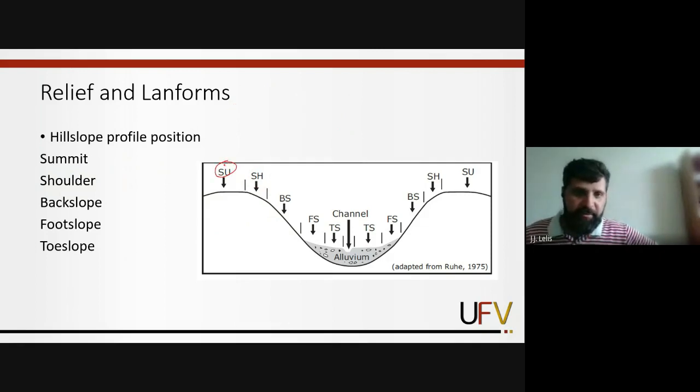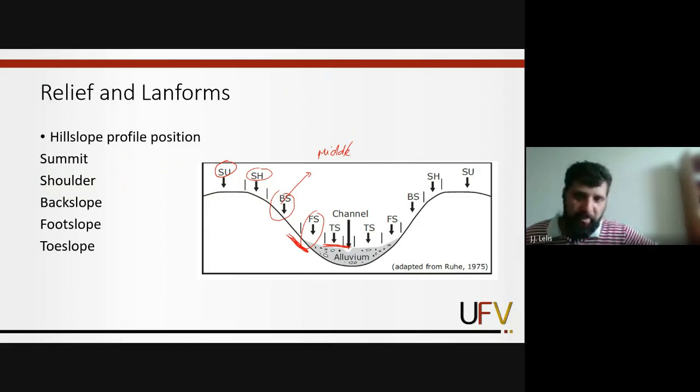So the summit, this plateau, this low angular area, the shoulder, the area where we can find highly resistant materials, the back slope, the area where we can identify the middle third of the slope, the area where we have a lot of erosion and we don't have any material with high resistance to weathering, the foot slope, the area where we can identify some materials that eroded from the highlands, from these higher parts, but in this area the slope angle is not so flat like the toe slope.